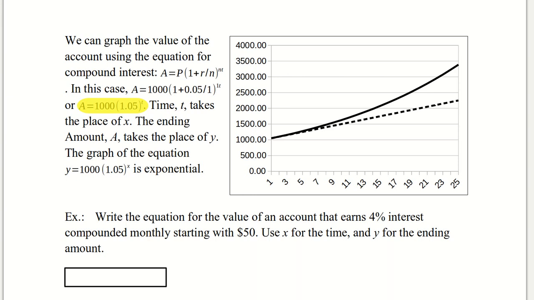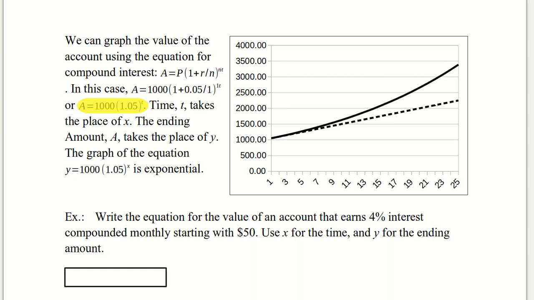We say times first, but remember the order of operations. The exponent happens before the multiplication. So when you put this in your calculator, it knows the order of operations. It'll raise the 1.05 to the exponent first and then multiply by 1,000.